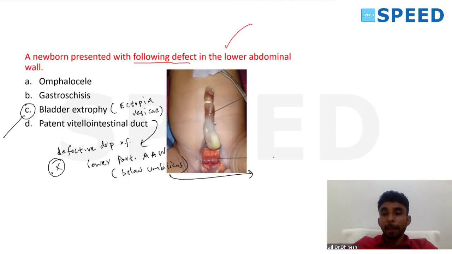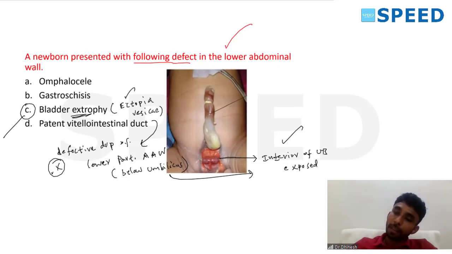Yes, the interior of the urinary bladder is exposed, and there will be dribbling of urine. So this is what is mentioned here by the arrow. The urinary bladder is exposed to the exterior through the defect in the anterior abdominal wall, the condition called exstrophy of bladder or ectopia vesicae.